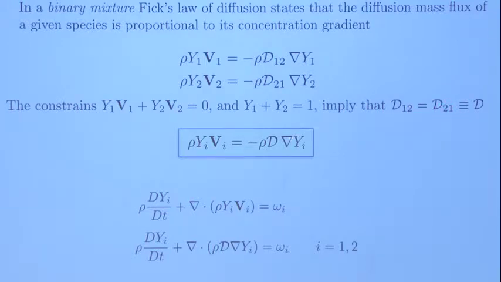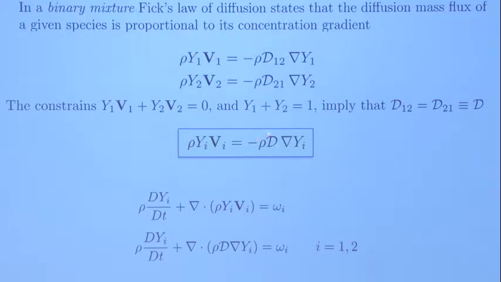And so in a binary system, the diffusivities of 1,2 and 2,1 are the same. I call them D, and this is essentially Fick's law. So Fick's law states that the flux by diffusion is proportional to the gradient of the mass fraction yi, and the coefficient is the diffusivity, either of 1 into 2 or 2 into 1.